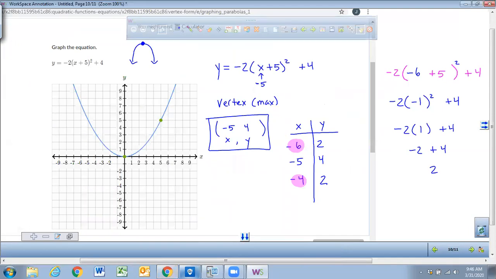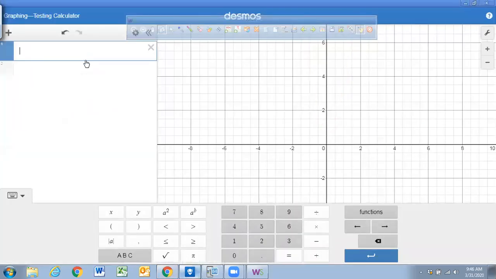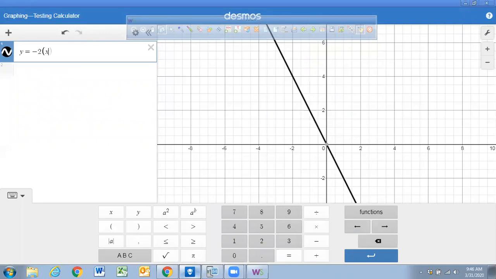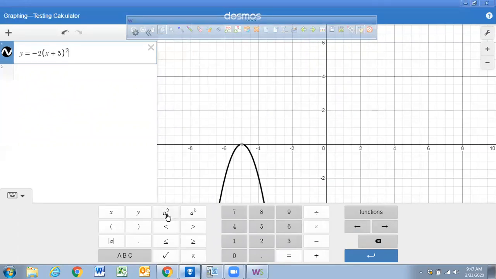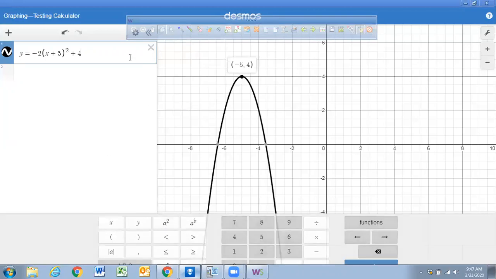Obviously in Desmos, what you could do is go over here and type it in, y equals negative 2, open parentheses, just type it in exactly as it appears. And you can clearly see that I have a negative 5, comma 4.